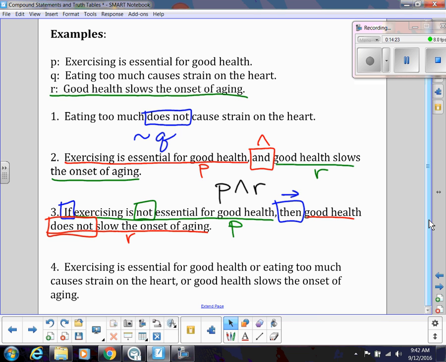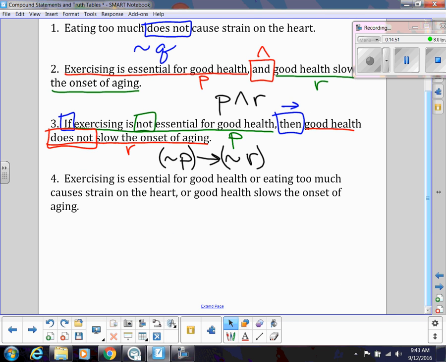So all of that, in order to represent that, we're going to have not P, so squiggled P. If then means arrow, and then does not R, so not R. I wrote P, but I said R. Sometimes they will put parentheses around that just to be clear about where the not goes. So just be aware of that.